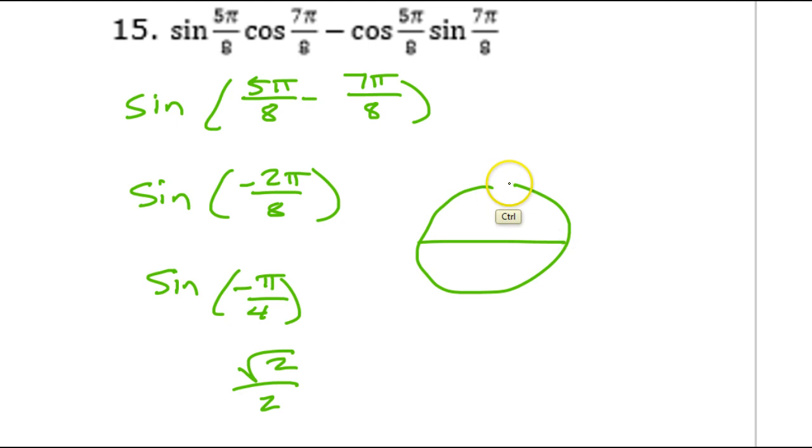So don't forget that when we're talking about negative pi over 4, we're talking about moving in this direction, clockwise. So that puts us in the fourth quadrant, and since sine is a y value, it is negative here, so the answer should be negative radical 2 over 2.